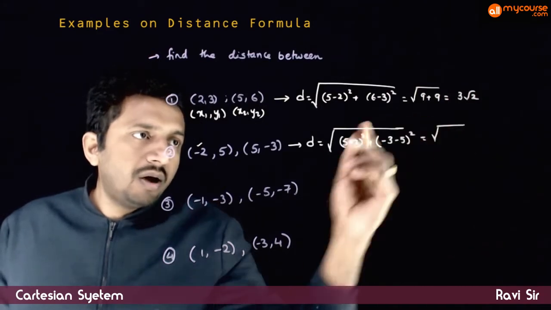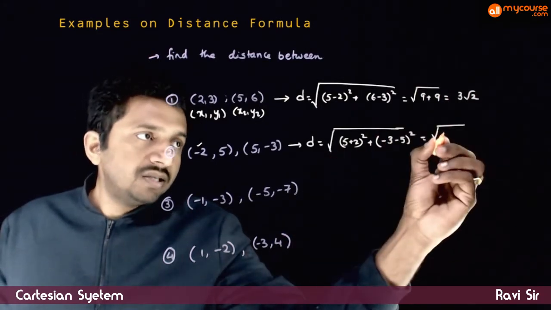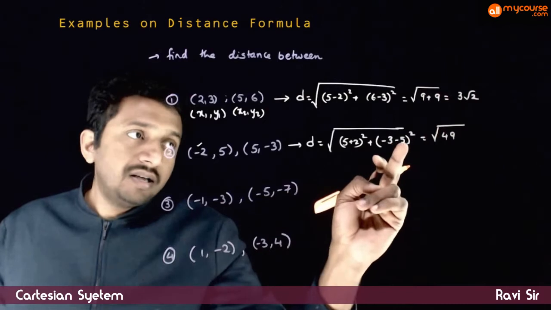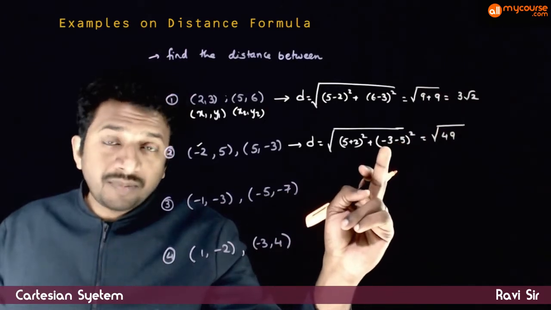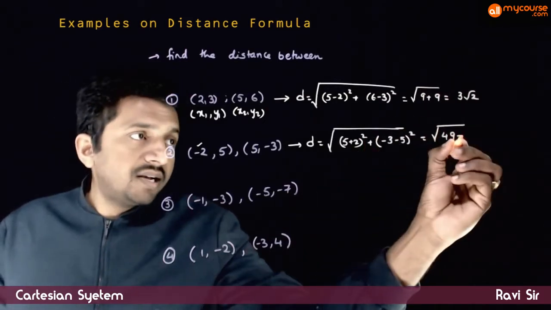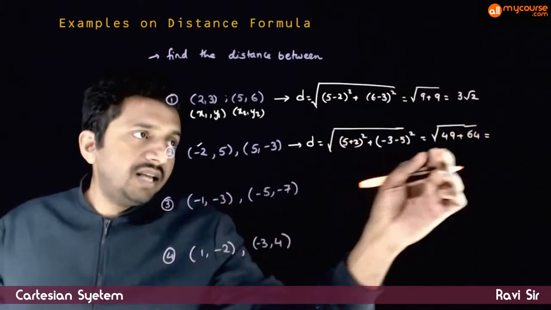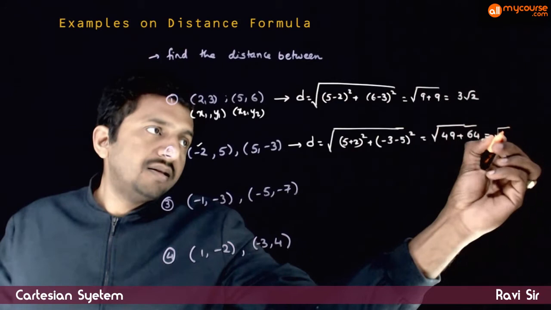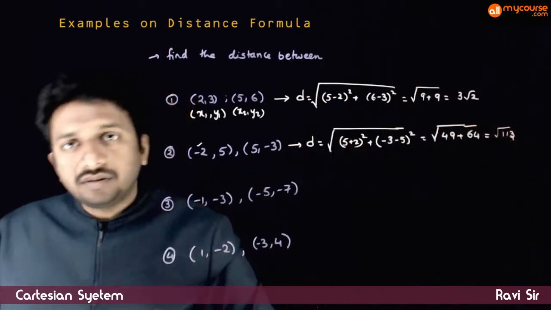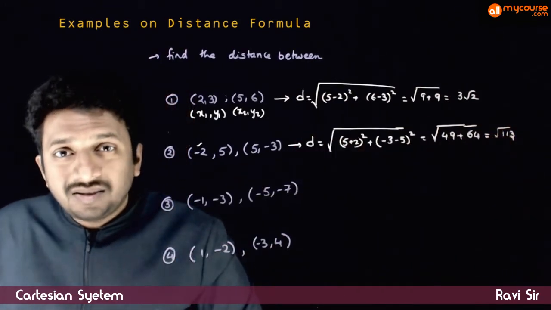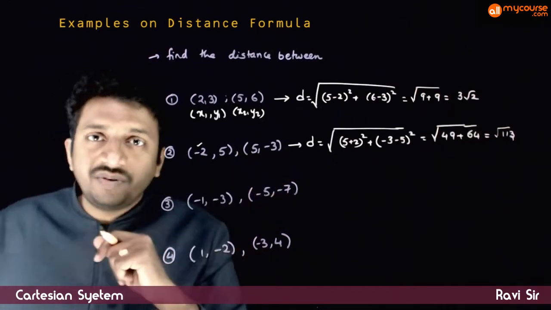That is equal to root of 5 plus 2 is 7, square is 49, plus minus 3 minus 5 is minus 8, whole square is 64. That is equal to root of 113. So that will be the distance between these 2 points.